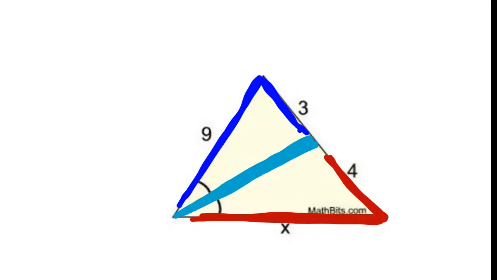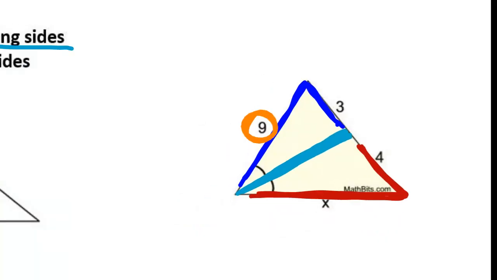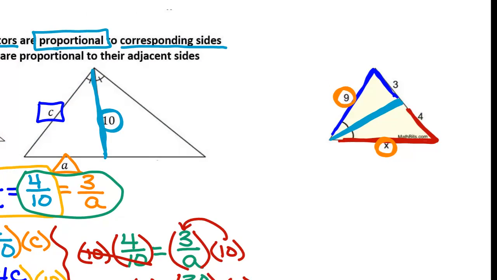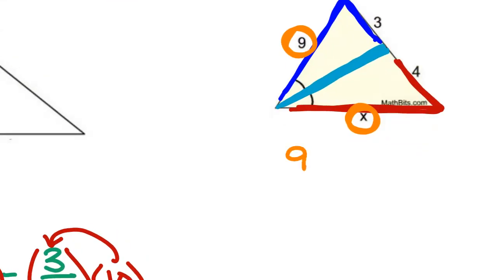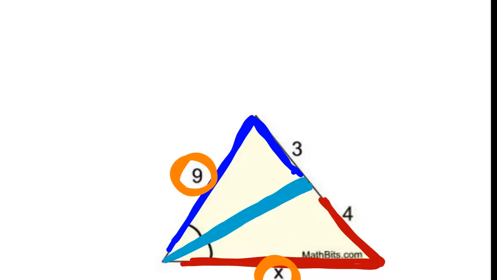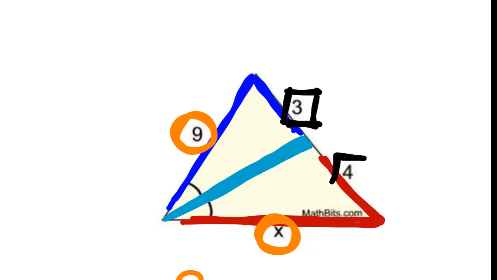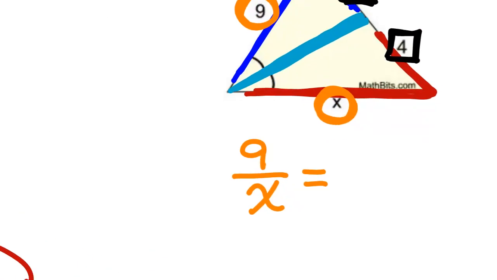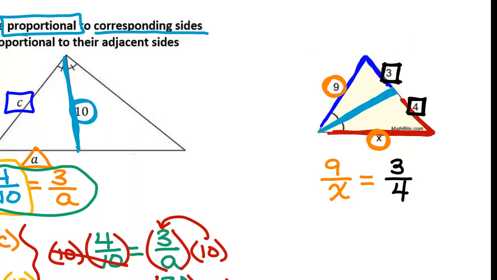So my corresponding pieces would be like the 9 and the x. They're on different triangles or on different sides of this angle bisector. So 9 over x equals, and then I'm going to make a fraction out of my other two sides, the side that's being split by the angle bisector, the 3 and the 4. So 9 over x is equal to 3 over 4.